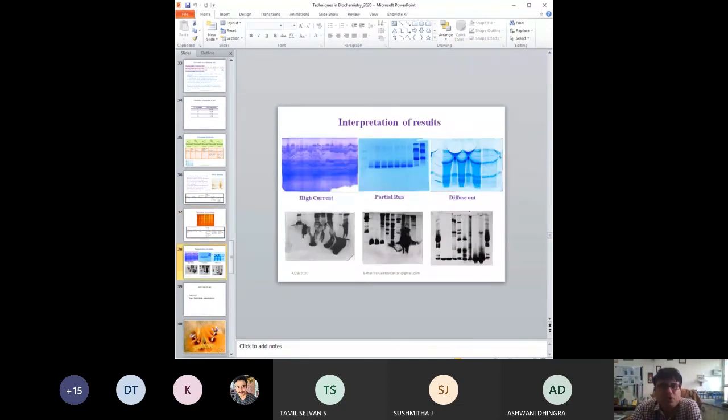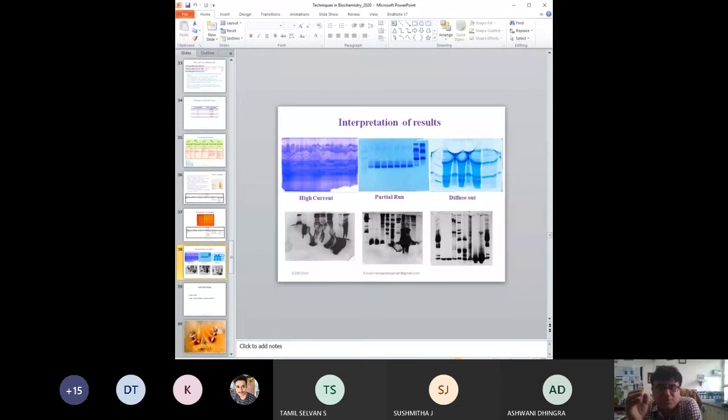Then I also explained some of the problems when you run your sample on the gel, some troubleshooting which you should know when you are planning to go for SDS-PAGE. I showed some gel photographs: when there is a high current, what type of gel you get; when there is a partial run with diffusion of the sample; where the gel is not properly cast; where you have used more protein sample than is required; or where the transition of the stacking and resolving gel is not properly met.